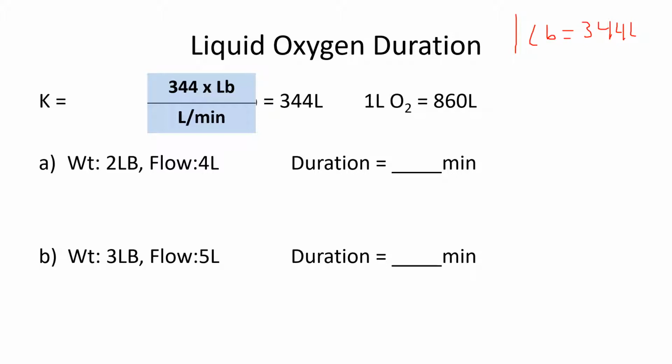So this is by weight. This factor is by volume. So 1 liter of liquid oxygen by volume will yield 860 liters of oxygen gas. Right? So this is liquid.